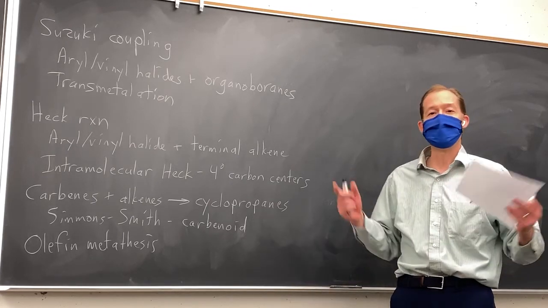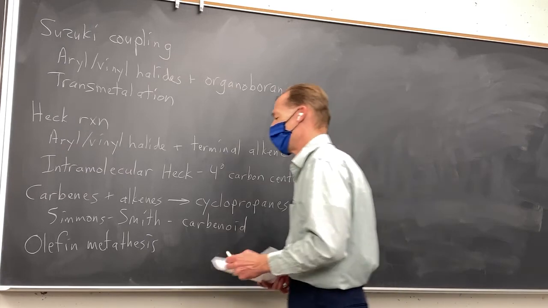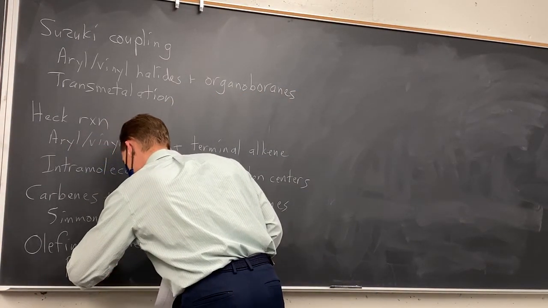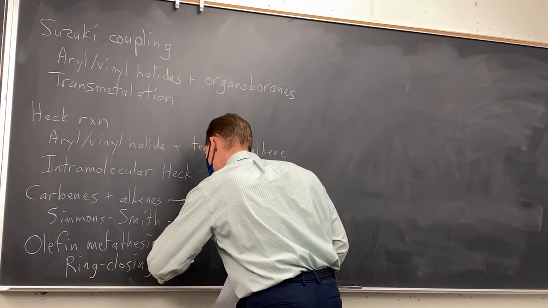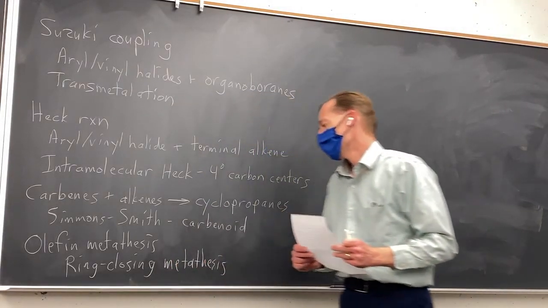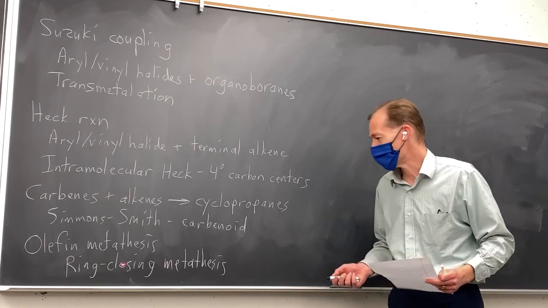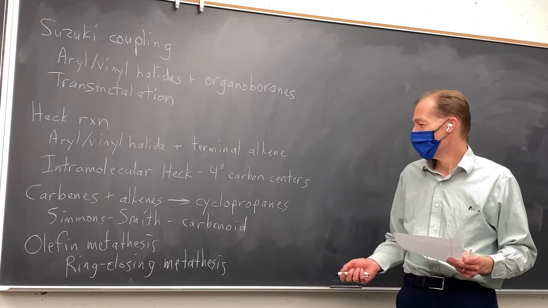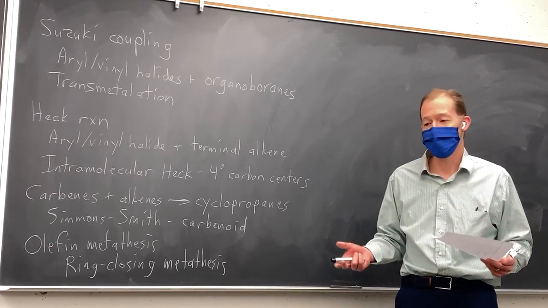And then we can have a diene molecule that can undergo a ring closing metathesis process, okay, where not only can we form 5- and 6-membered rings with ring closing metathesis, but we can actually form macrocycles, very large molecules, via a ring closing metathesis reaction. So olefin metathesis is a very, very useful process.